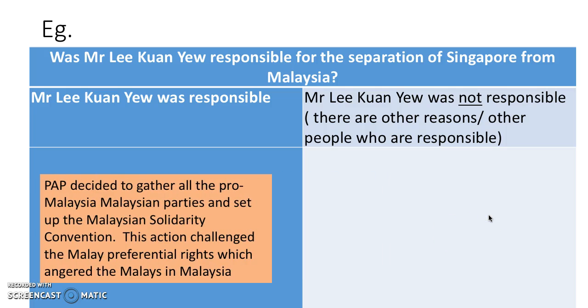The person who came up with this idea was Mr. Lee Kuan Yew, and therefore the actions of the PAP angered the people in Malaysia. That is why he was responsible for the separation. Now, with that in mind, you can now use all the information and place them into the separate folder.